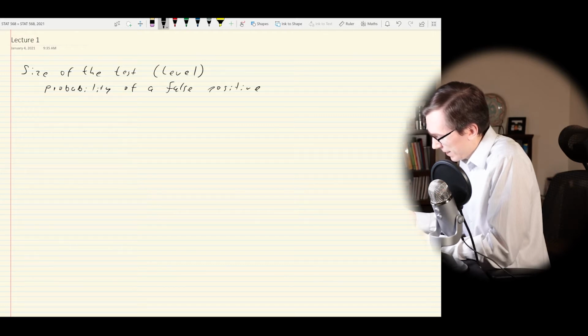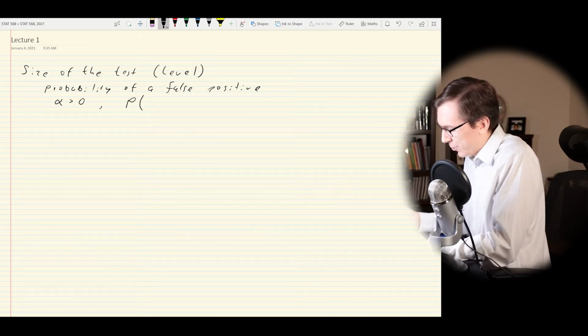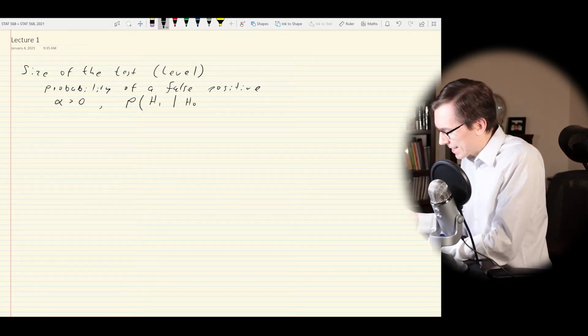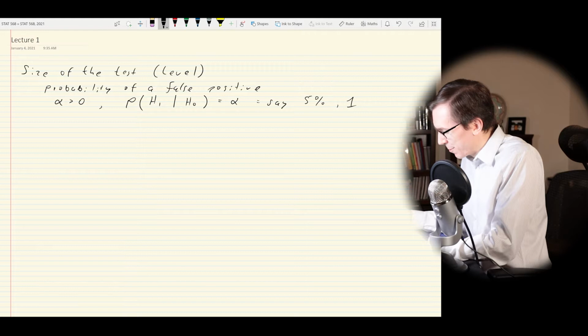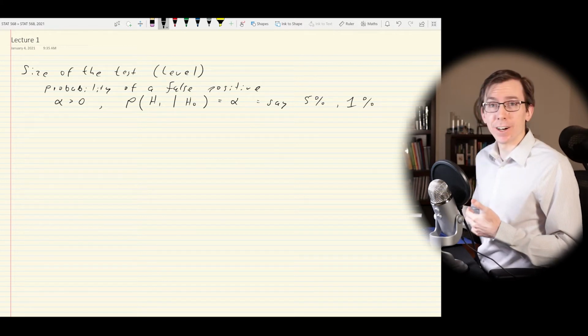This is often denoted as alpha, some number greater than 0, and what we're saying is, what's the probability that we choose the alternative hypothesis, H1, given that actually the null hypothesis is true? This probability would be alpha, which could be, say, 5%, 1%, whatever you like. It's the probability that we get a false rejection of our null.